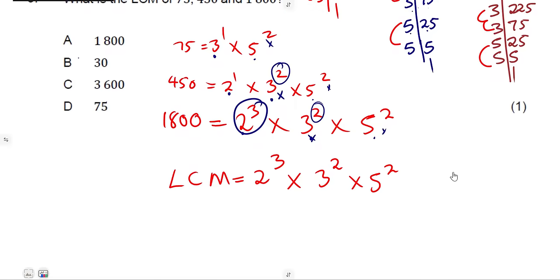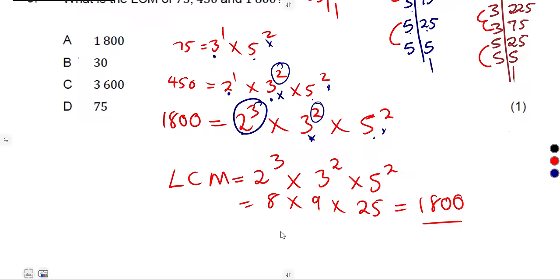So this is your LCM. Guys, at least at this stage, you can simply use your calculator. You can simplify: this is 8, this is 9, this is 25, which gives you 1800.